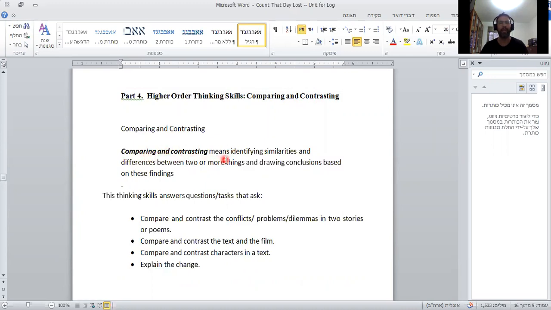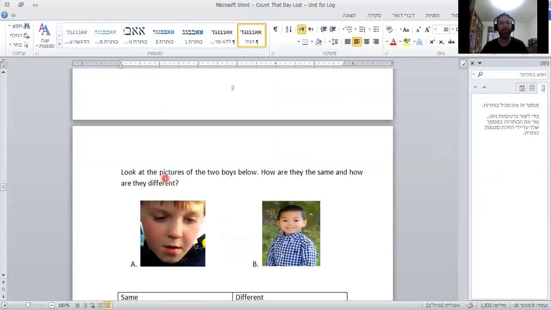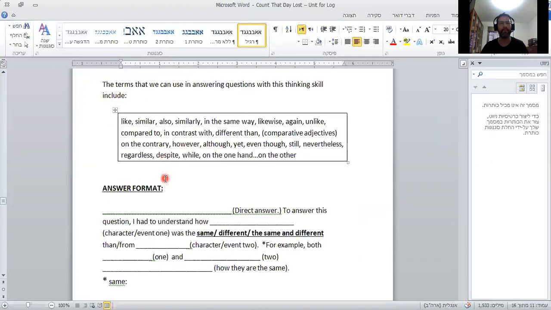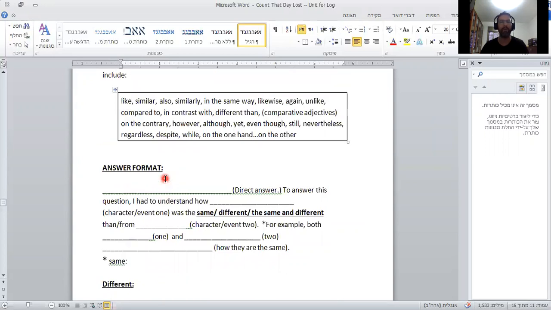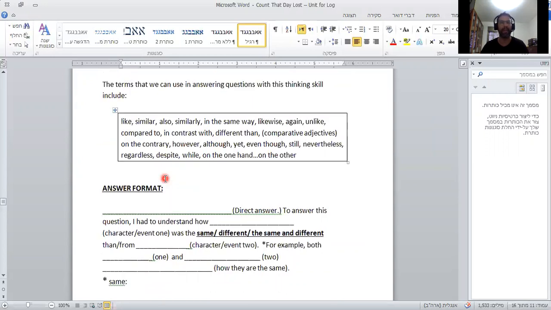Comparing and contrasting means identifying and understanding similarities, how things are the same, and differences between two or more things, and drawing conclusions based on these findings. How would we answer this?